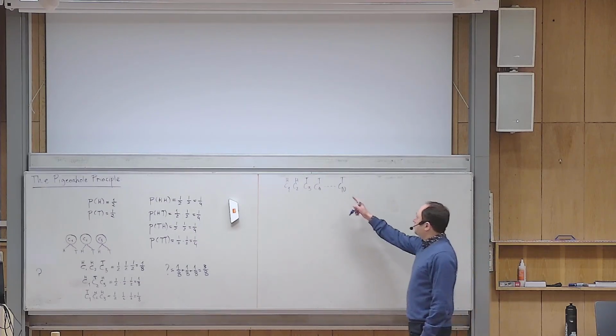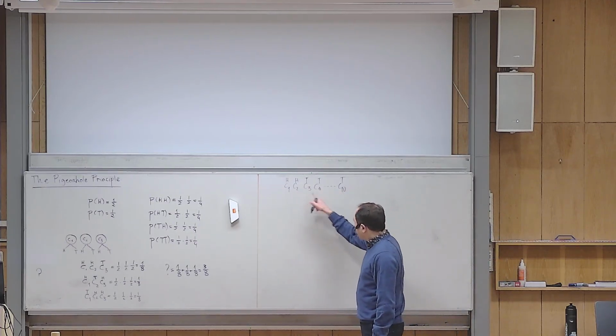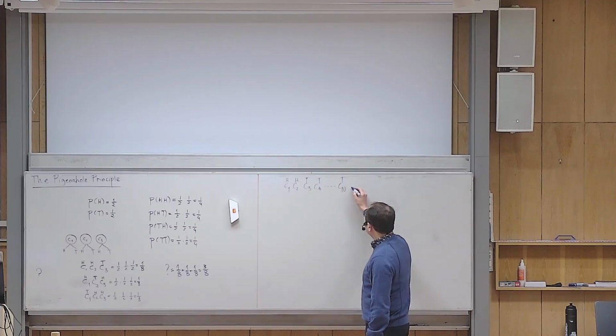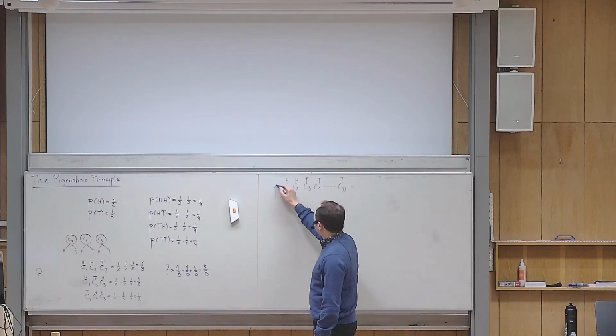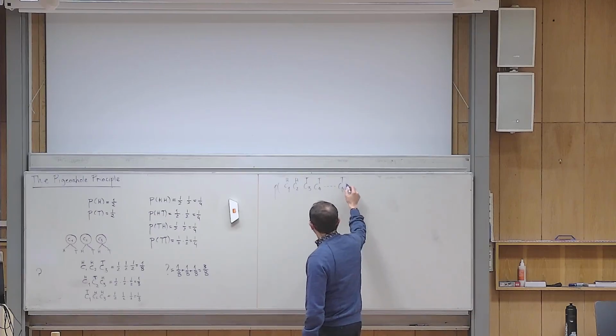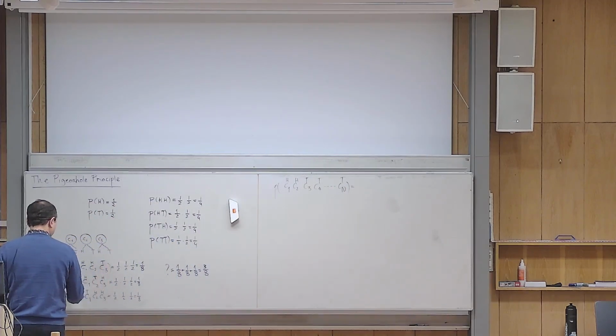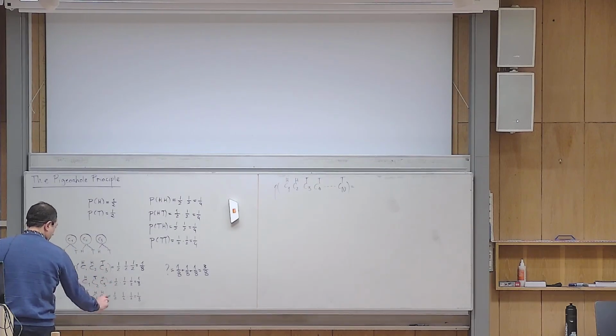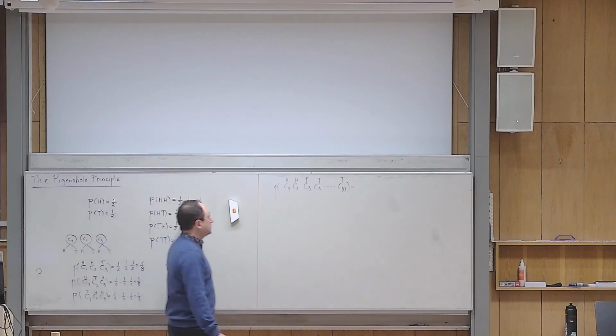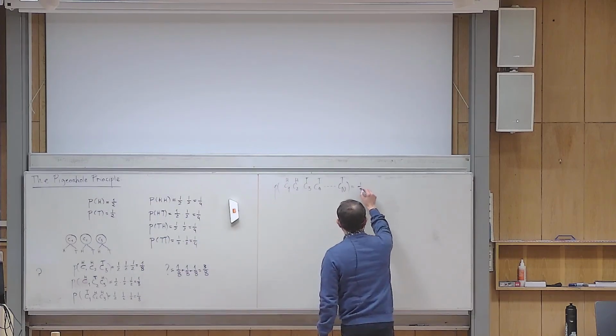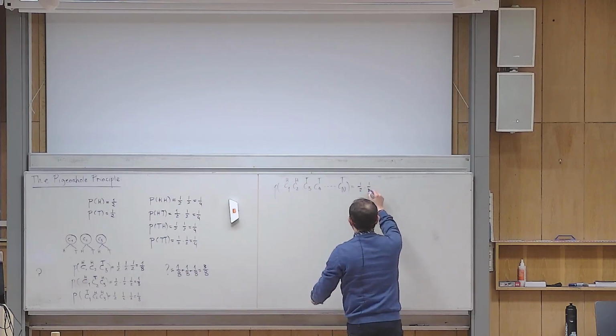Okay, but if I ask you what is the probability of exactly this event to happen? By the way, I should have put probabilities here, yes? So what's the probability of this one to happen? This one is 1/2. This one is also 1/2.